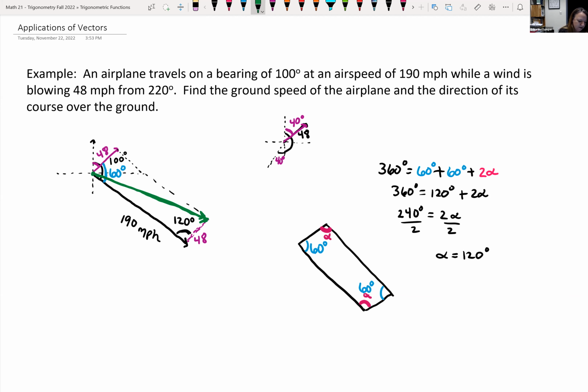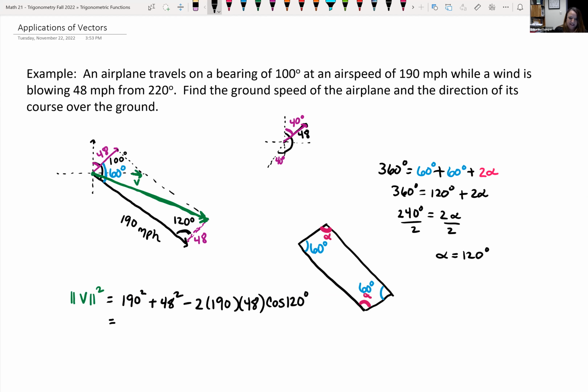Let's call this resultant vector, what we're trying to find, which is the ground speed, V. So I know that the magnitude of V, quantity squared, is equal to the sum of the squares of each side that is sandwiching it, so 190 squared plus 48 squared minus 2 times the one side, 190, times the other side, 48, times the cosine of the angle sandwiching it, which is 120 degrees.